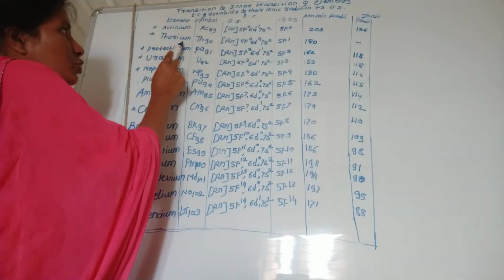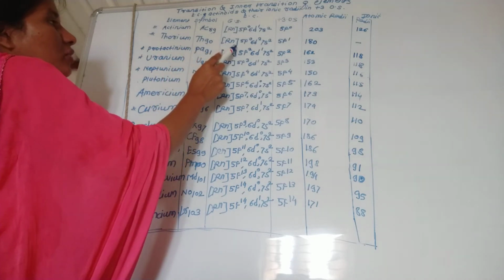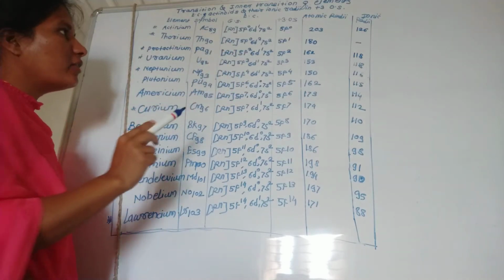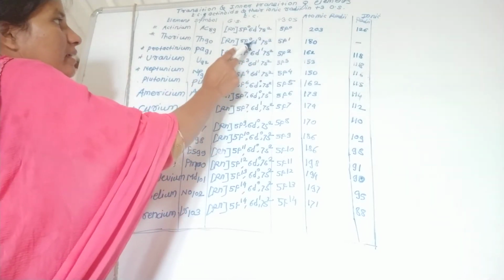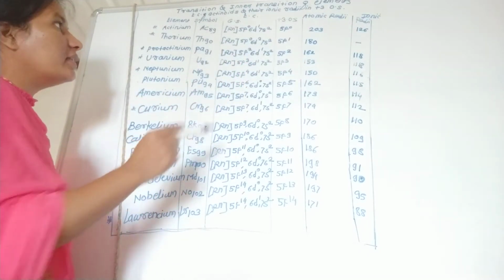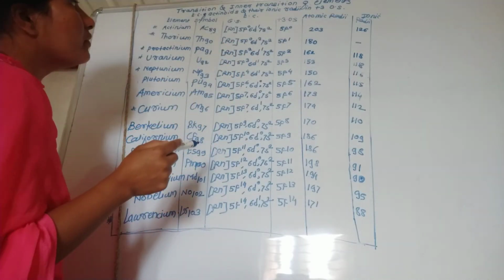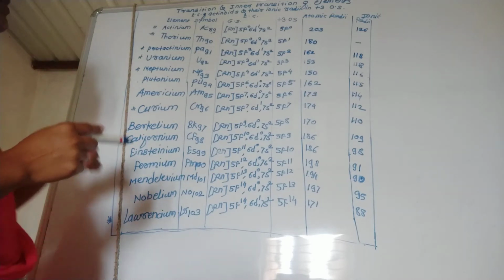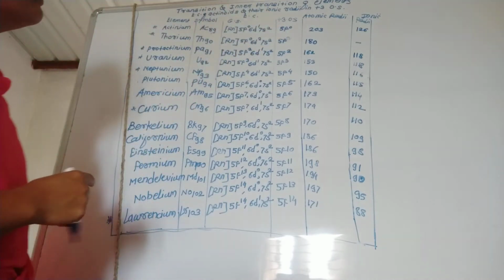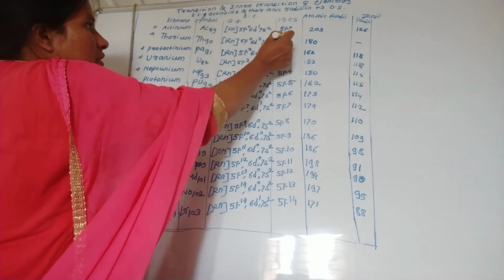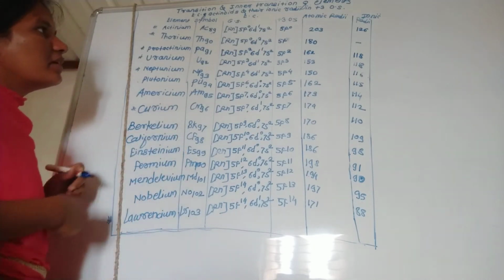The next element is thorium. Thorium is 90, with respect to radon, which is 86. A total of 4 electrons are left. First 2 electrons enter the s orbital, then the remaining 2 electrons enter the d orbital. So the f orbital has 0 electrons.